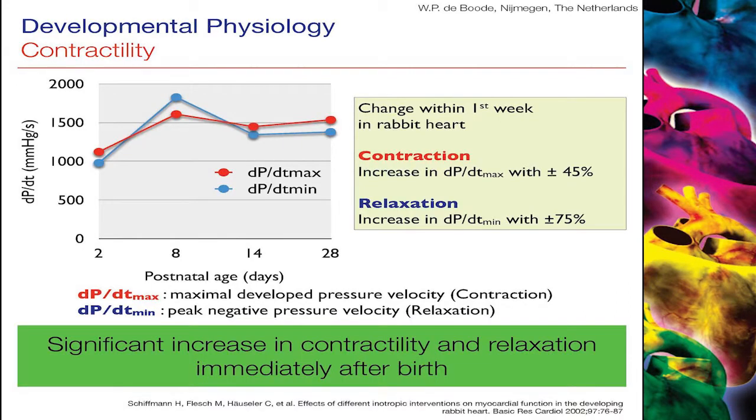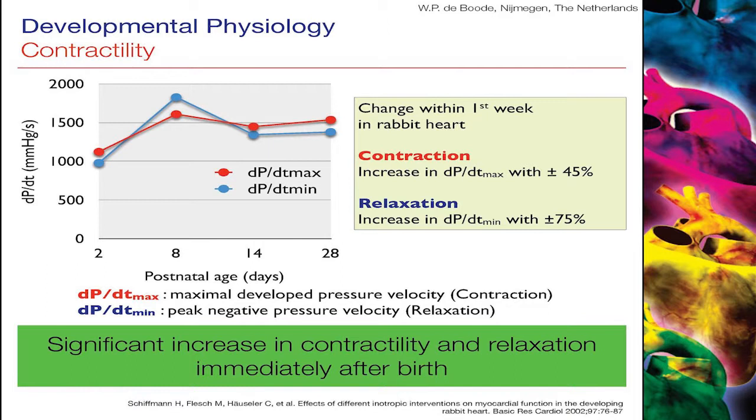In rabbit hearts, they have measured the intraventricular pressure and flow, and what you can do is during a contraction have a look at the ventricular pressure, and you can determine the pressure difference over a particular time during the upstroke of the arterial blood pressure wave. It's called the dp/dt max, and that's a parameter for contraction, and the dp/dt minus, that's a parameter for relaxation.